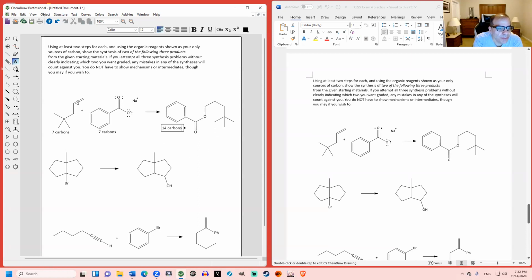So what I'm seeing when I look at this product is it looks like we added this whole thing right here. We just added that right onto the other chain.